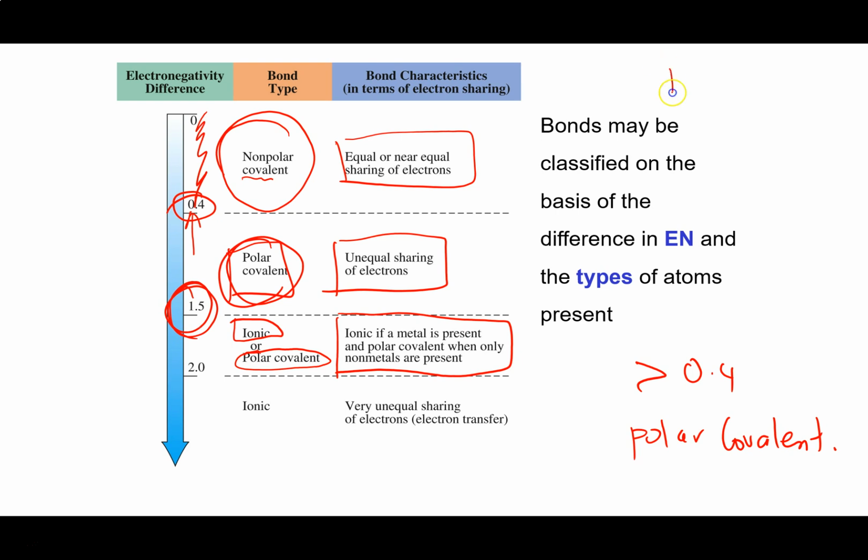So hydrogen with fluorine is 4, hydrogen was 2.1, I believe, and so that's going to give you a difference of 1.9. So that's a very, very, very polar covalent bond. Beyond 2, the electrons are not shared at all. There's no possibility for that. That's just an ionic bond. Okay, so our cutoff really is if the difference in electronegativity is greater than 0.4, then we're looking at a polar covalent bond.